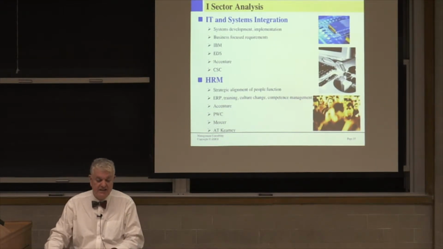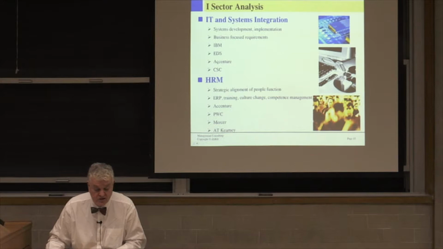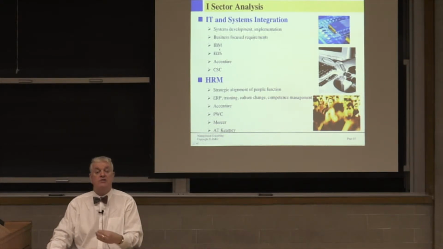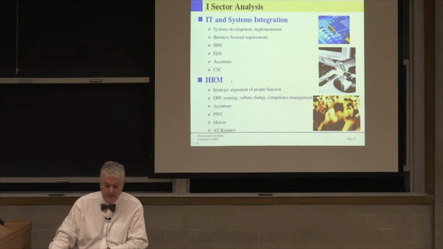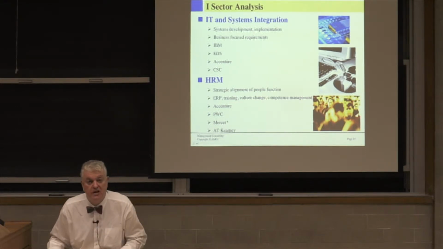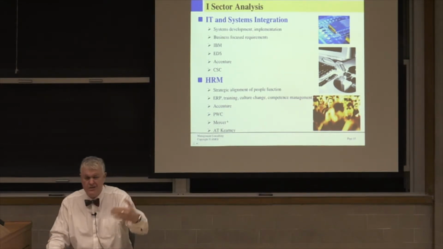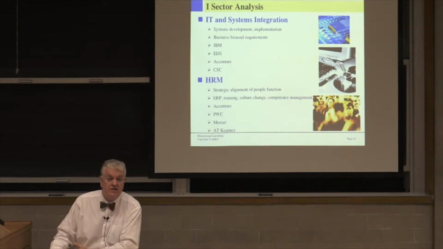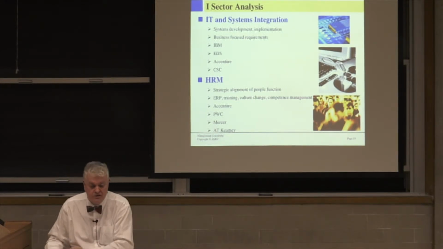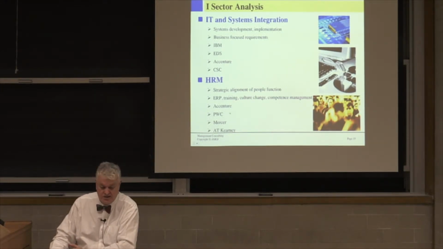And then you have the IT. So this is large-scale IT systems implementation. CSC was massive in the defense industry, but so was Accenture and IBM. They were outsourcing ERP, enterprise resource planning systems, for the defense sector. Human resource management, again, is a specialty. So there are firms like Mercer that specialize in compensation and benefits. So they're going to tell you what salaries CEOs should be paid or what middle managers should be paid, etc. And it's much more than just that.